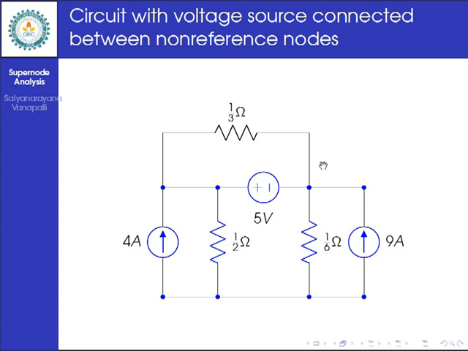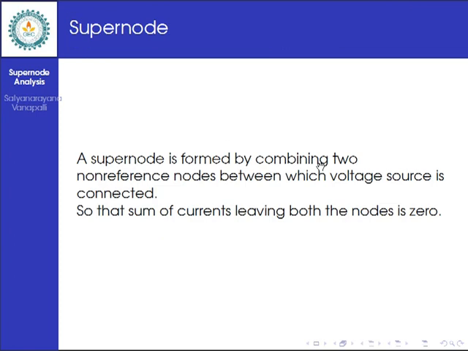Now we come to the definition of supernode. A supernode is formed by combining two non-reference nodes between which a voltage source is connected, so that the sum of currents leaving both the nodes is 0. Keep this point in view.